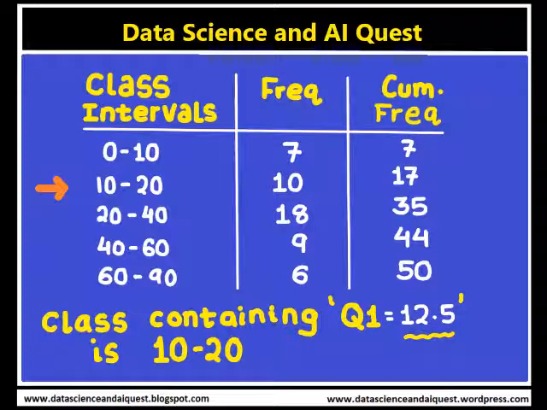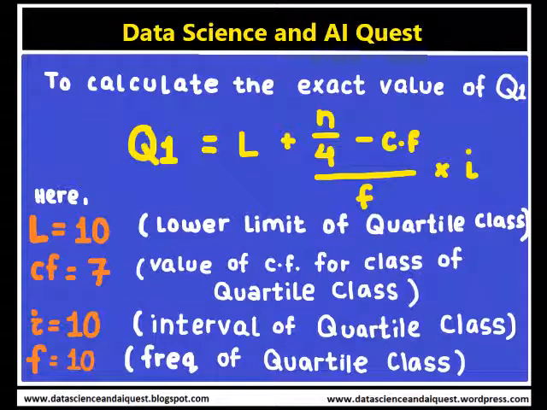To calculate the exact value of Q1, we use the following formula: Q1 equals L plus, within brackets, n by 4 minus CF, over F, into I. Here L is the lower limit of the quartile class. N by 4 is simply the total number of elements divided by 4.